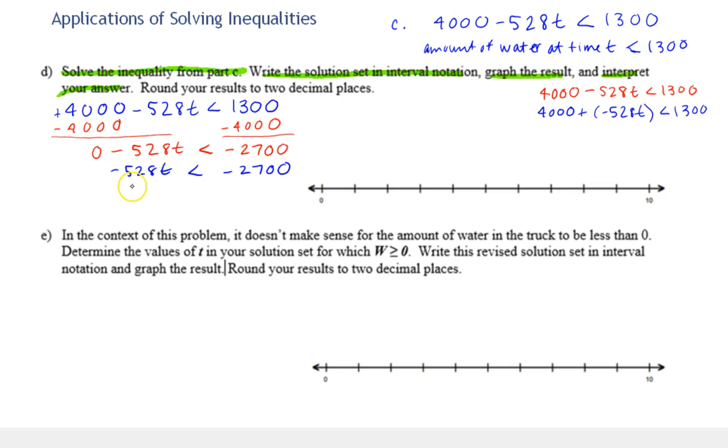Next step, we're going to divide by negative 528 on both sides. Now when we write our result, notice on the left-hand side the negative 528's cancel, so I have t. And remember, in this step, you need to reverse the inequality direction because we have divided by a negative. So make sure you do that in the exact step where you divide. Now let's put this in the calculator.